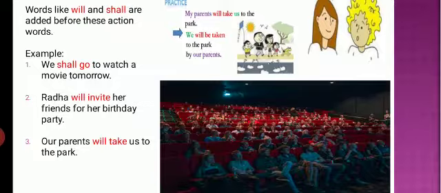Radha will invite her friends for her birthday party. Our parents will take us to the park. So, the actions are going to happen in the future. Therefore, words like shall go, will invite, will take are in the simple future tense.